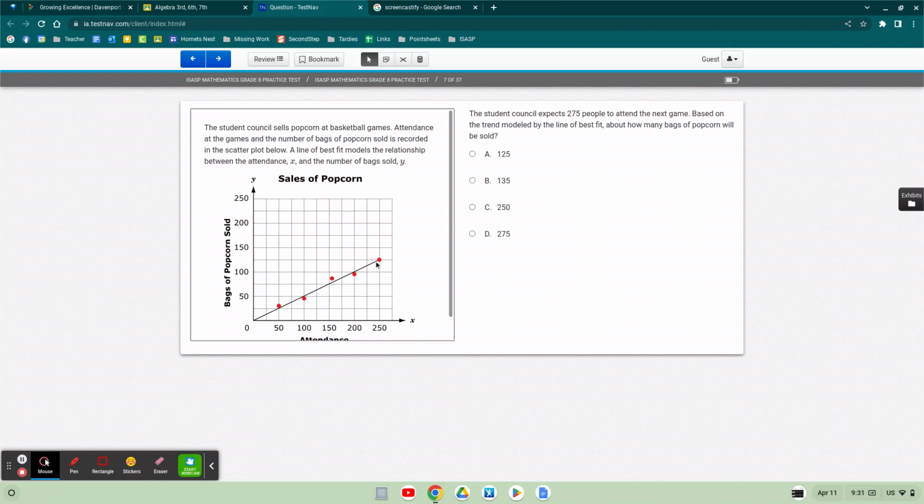So what they want you to do is just visualize, if you kept going with this line, where it would be. And it's not quite like a diagonal this way, so I would say a little less than 150. So the only answer that really makes sense is this one. These two are way too high. And then we just said that that was our answer for our last one. So the 125 is out, and then the other two are out.